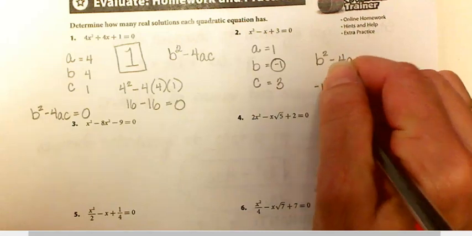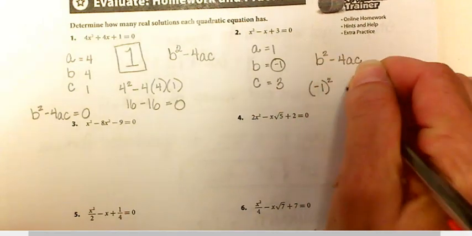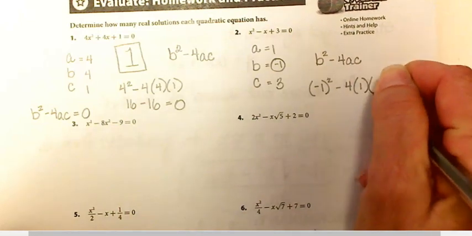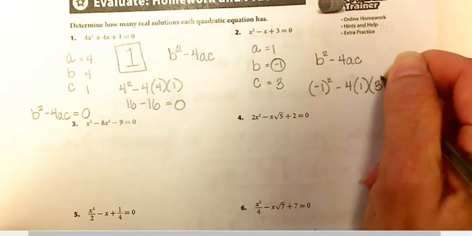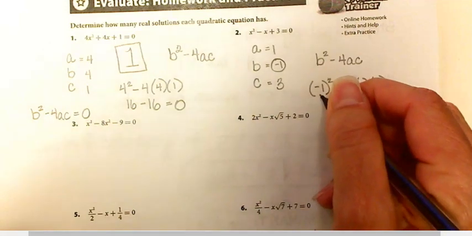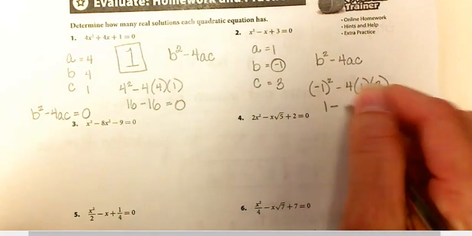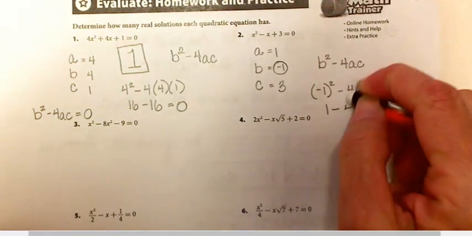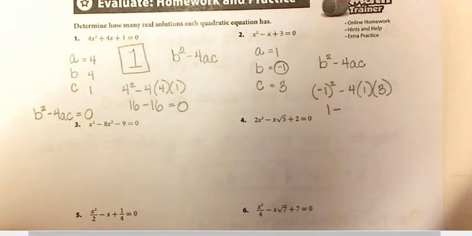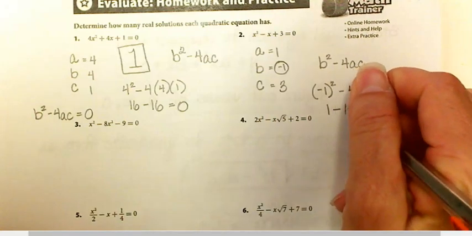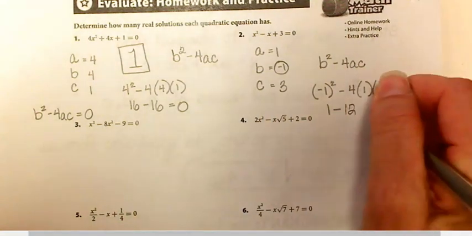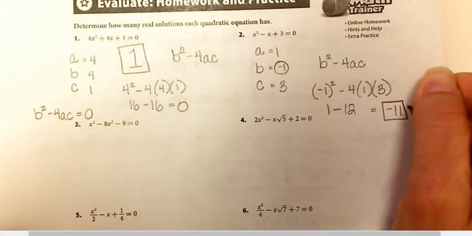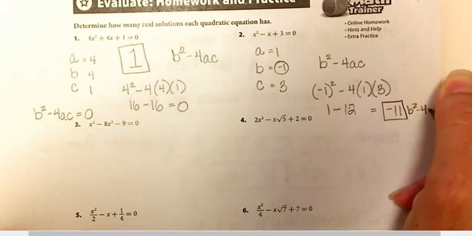B squared is -1 squared minus 4 times 1 times 3. -1 times -1 is 1. 1 minus 4 times 1 times 3 is going to be 12. 1 minus 12 gives us a -11 for the b squared minus 4ac.